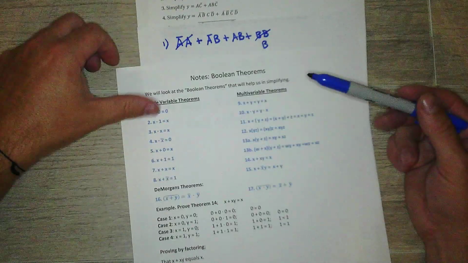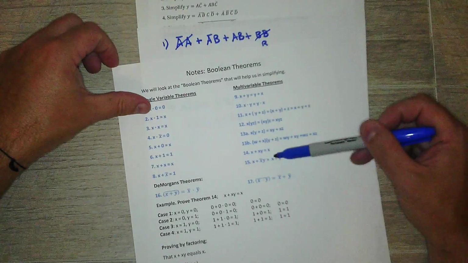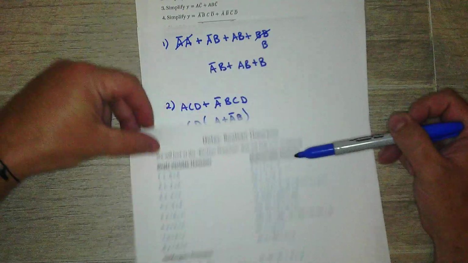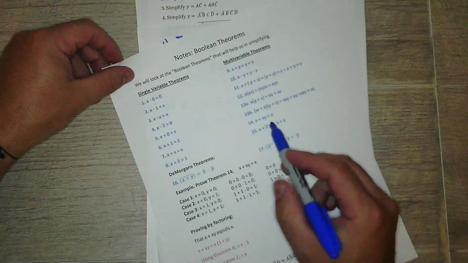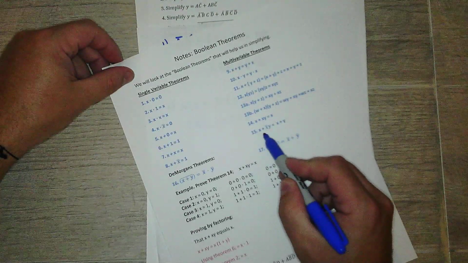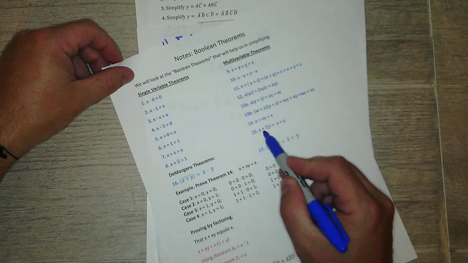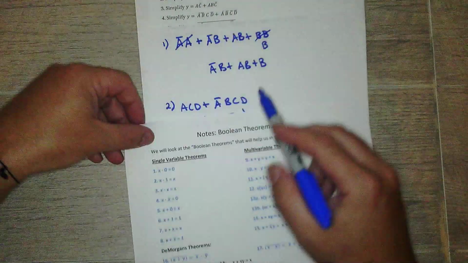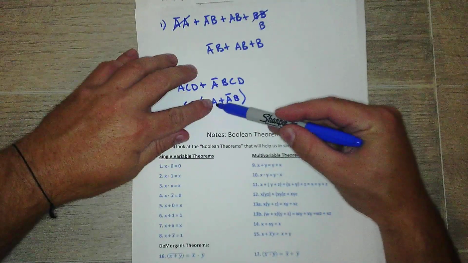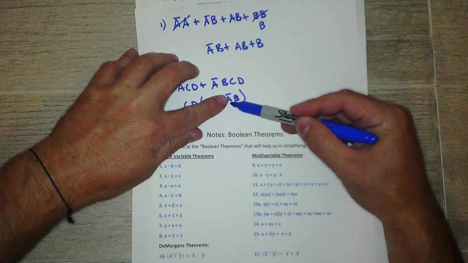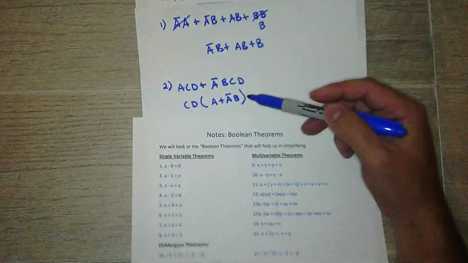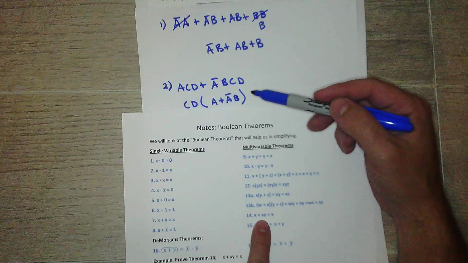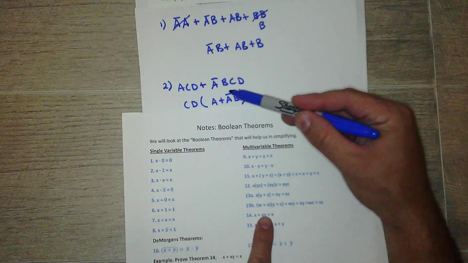I'm looking here and I see this: x or not x times y. That's kind of what I have here in the middle.